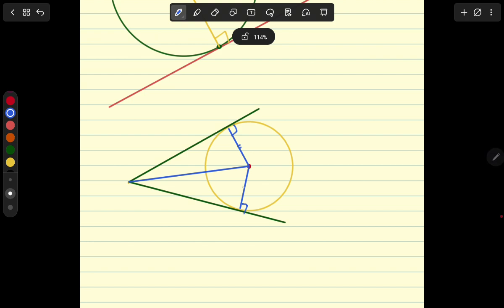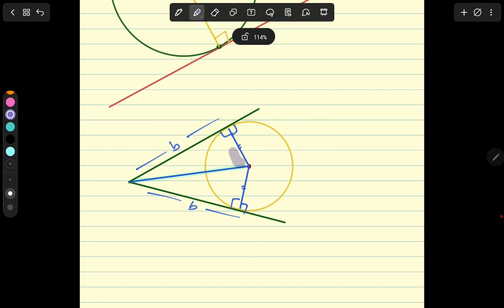Now these two sides are same, right? Because they are both radius, we know it. This is 90 degrees, this is 90 degrees. This blue line is the side common to both the congruent triangles. Therefore these tangents are ought to be of equal length. So if this is B, then this is also going to be B. Now we can see that we have got two congruent triangles.